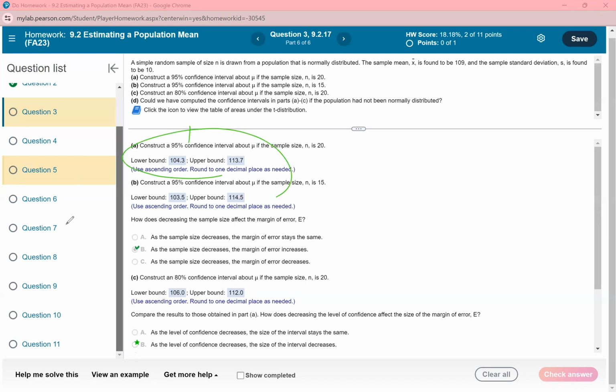So 109 to here versus from 109 to here. It definitely decreased it. So as the confidence level decreased, the size of the interval also decreased. How does decreasing the level of confidence affect the margin of error? The margin of error is that distance from the mean to each end. So I just take it from the mean to one of the two ends.